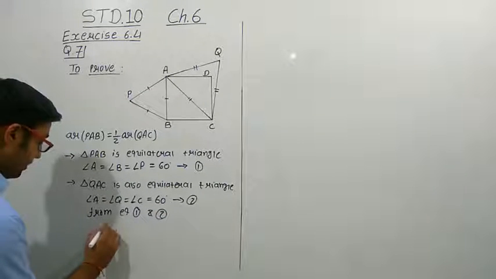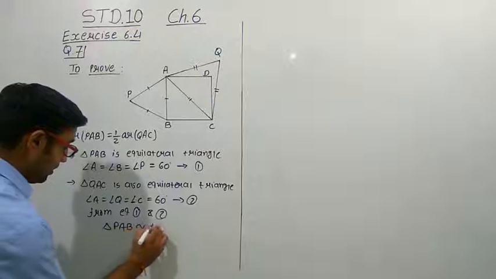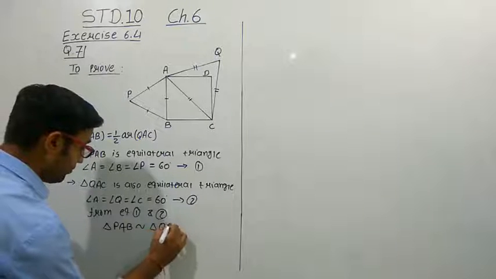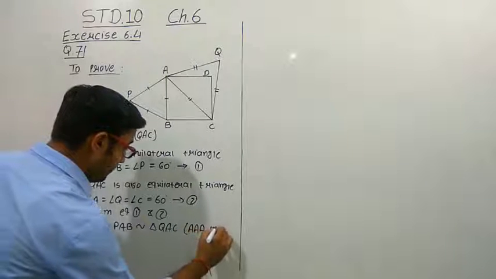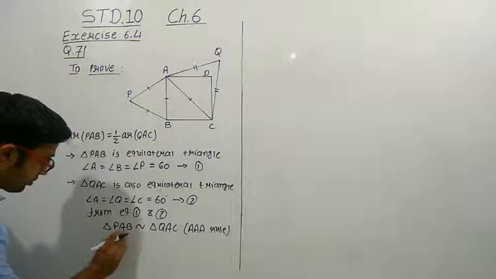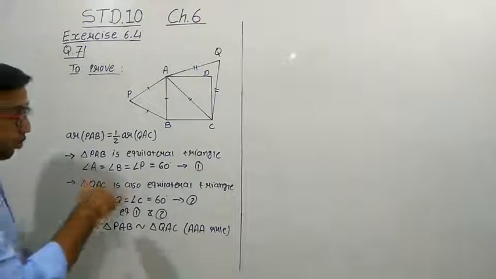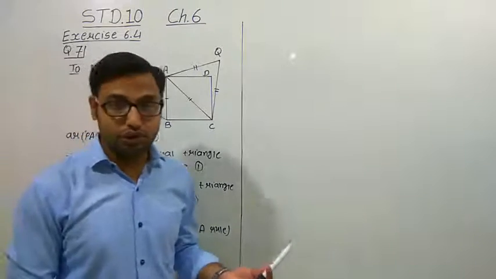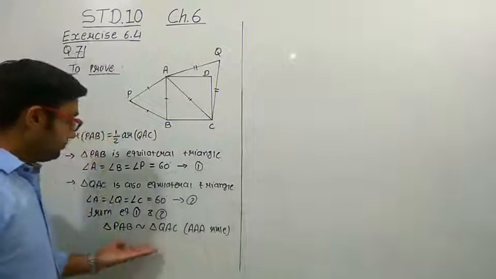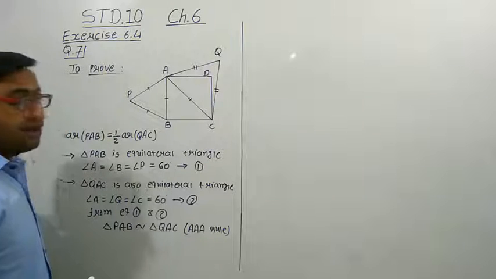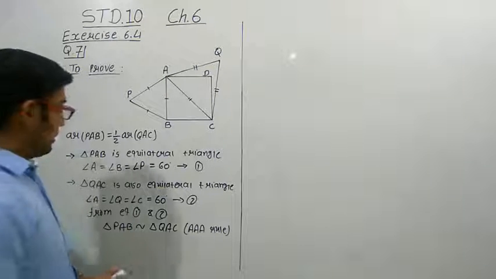We can say that triangle PAB is similar to triangle QAC by the angle rule, right? Because all three angles of both triangles are 60 degrees, and also we can say that all equilateral triangles are similar to each other. So both triangles PAB and QAC are equilateral triangles, so they are similar to each other by the angle rule.